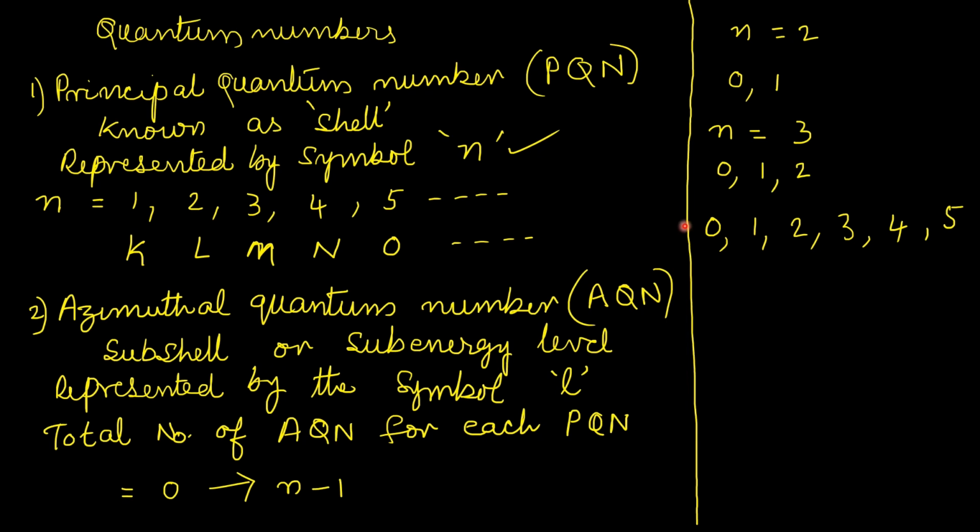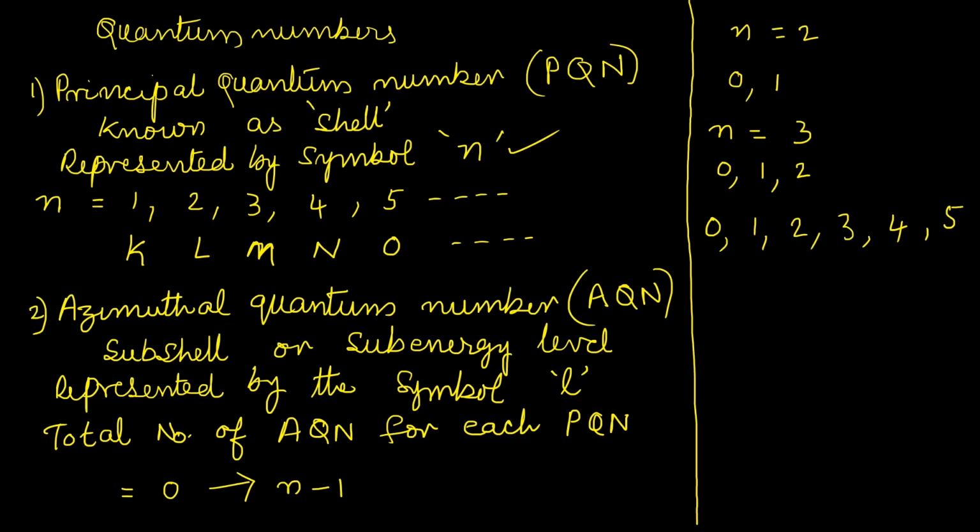For the first principal quantum number, there is only one azimuthal quantum number and it is numbered as 0. For the second principal quantum number, there are two, 0 and 1. For the third, there are three, 0, 1, 2, and so on. This type of numbering, excepting 0, is present for the principal quantum number also.